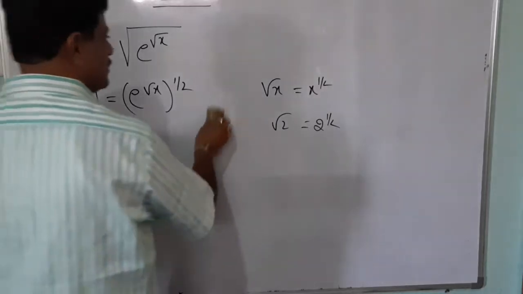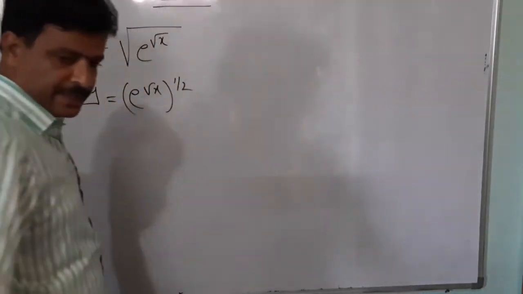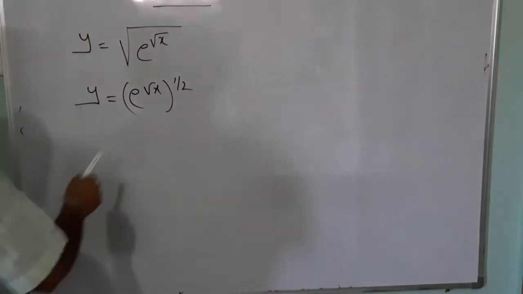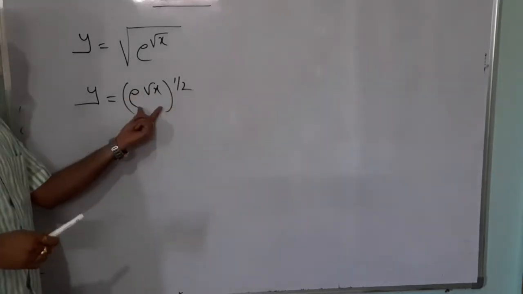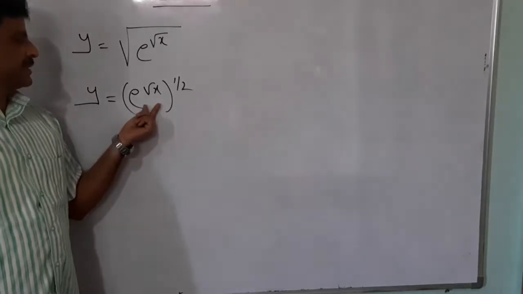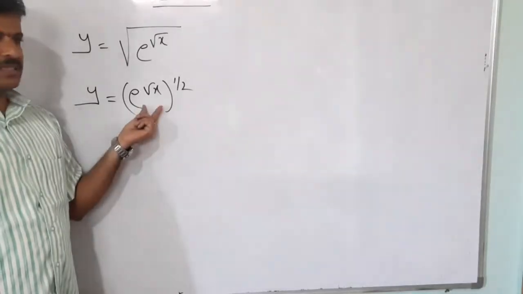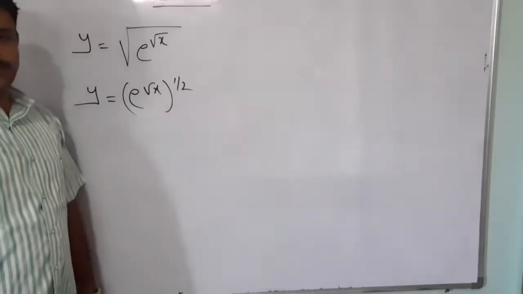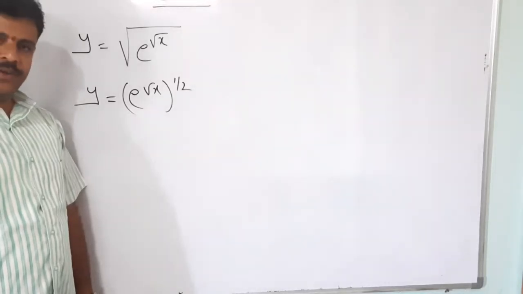Okay, next, you see here this is in the form of x to the power of n. Apply the chain rule. So this is x, e to the power of root x is x to the power of n. x to the power of n is equal to what? n into x to the power of n minus 1.